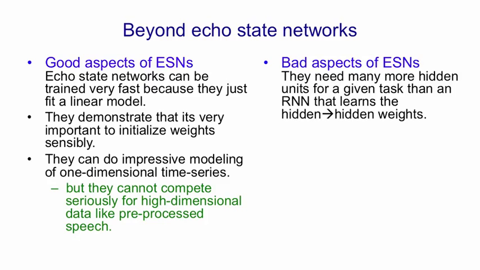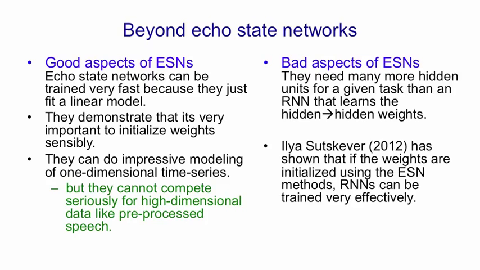In order to model data like that, they need many more hidden units than a recurrent neural network where you train the hidden-to-hidden connections. Recently, Ilya Sutskever tried something which is fairly obvious, which is to initialize a recurrent neural network using all the tricks developed by the people doing echo state networks. Once you've done that, you could learn quite well just by learning the hidden to output connections.